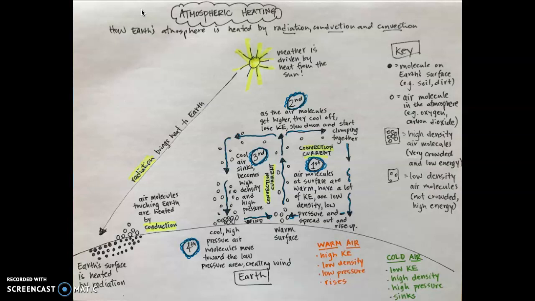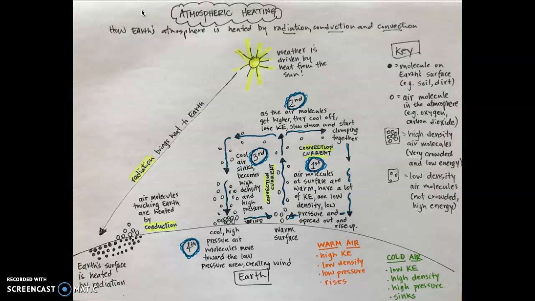Now the opposite of that is low density air molecules. And those air molecules would have a lot of kinetic energy, and they would be moving around a lot and spaced out a lot so that they are not crowded. So low density air molecules are air molecules that are not crowded together, and that's what warm air is like.